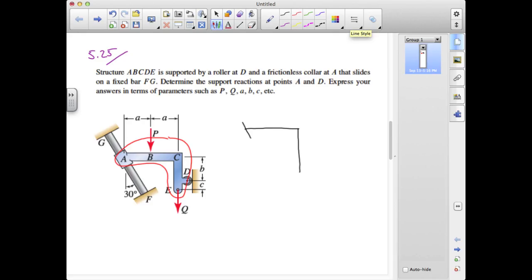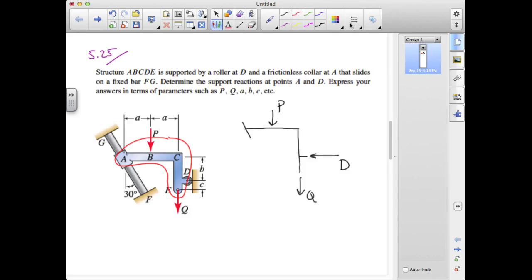Here's CDE. And then here's the little segment that goes to roller D. I'll go ahead and add the external loads P and Q. And then we've got a roller support at D, so we'll have a single reaction force normal to that surface.